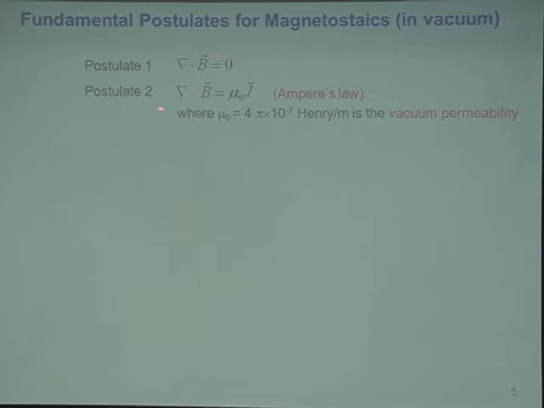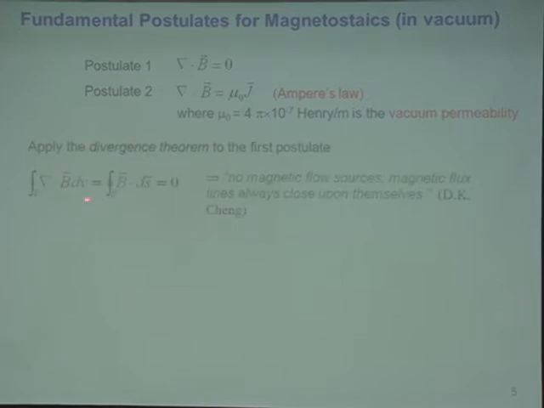Okay, and for the second postulate, you have curl of B equal to a universal constant called vacuum permeability multiplied with the current density. 那我们先把这个式子拿来看一下。This equation tells you that you do a volume integration, and then use the divergence theorem to convert this into a surface integration. It turns out that is equal to 0. But when you look at this divergence operator, immediately you think about flux, right?